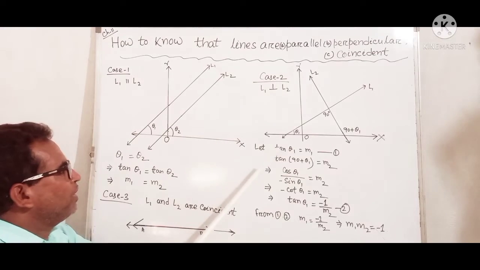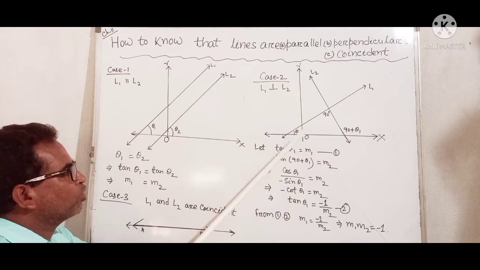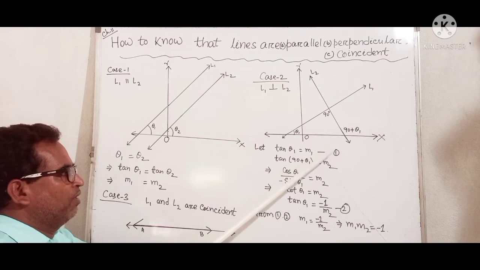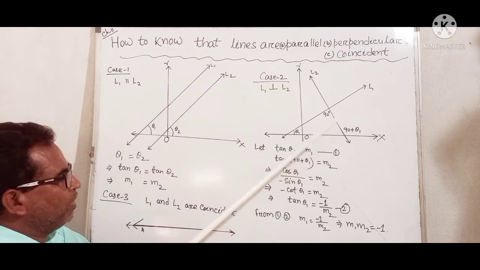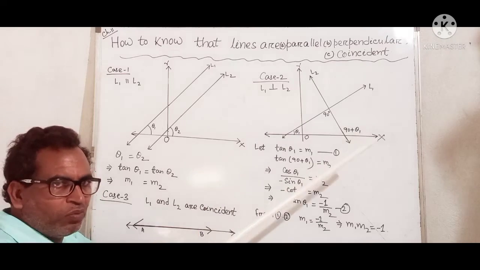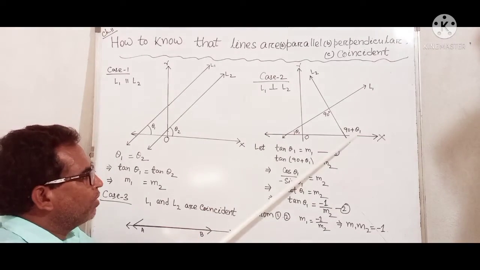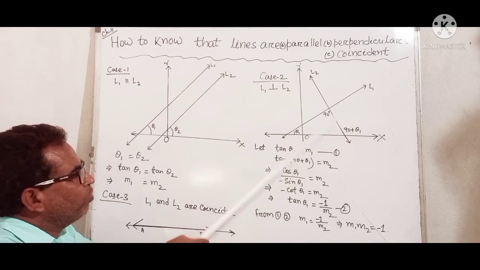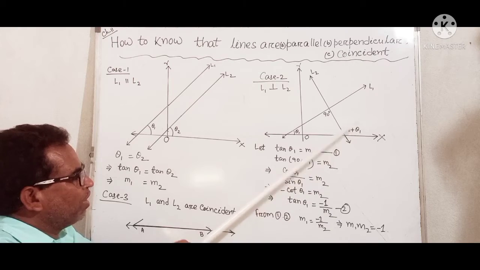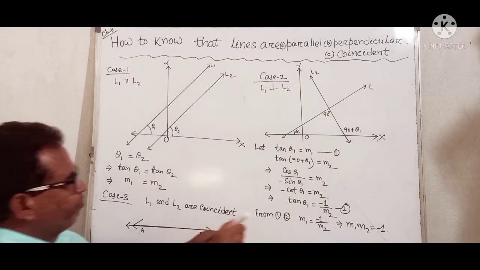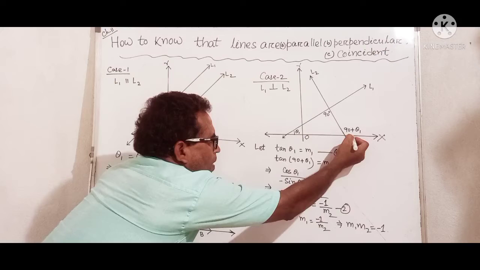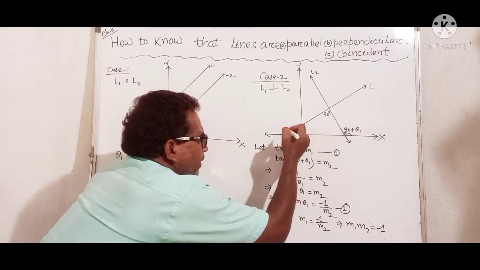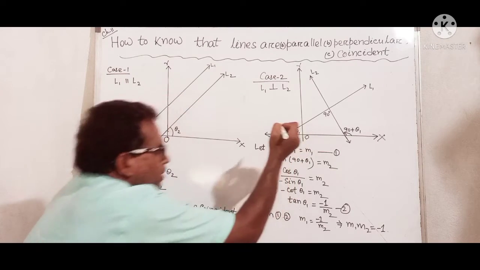Let the slope of L1, tan theta 1, be equal to m1. The slope of L2 is tan of 90 plus theta 1, since L2 makes 90 plus theta 1 angle in the anti-clockwise direction.